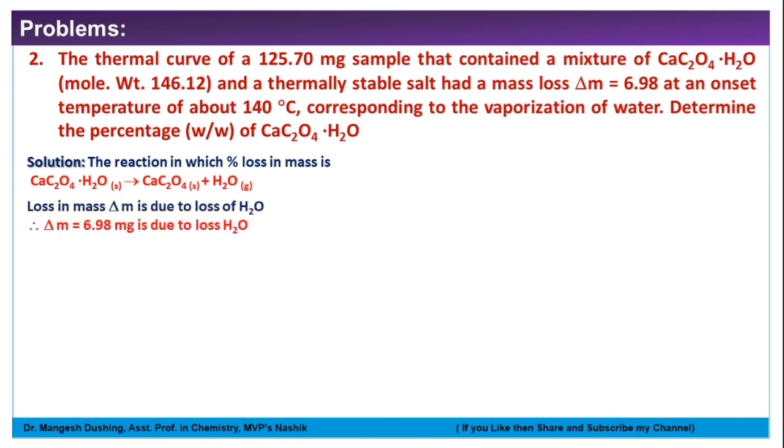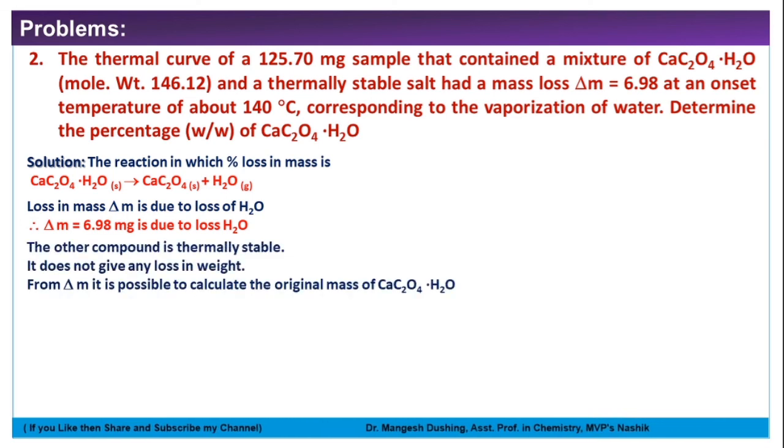So the loss of mass, delta M, is due to loss of H2O from the calcium oxalate. Delta M is given as 6.98 mg, due to loss of H2O. The other compound is thermally stable and does not give any loss in weight.